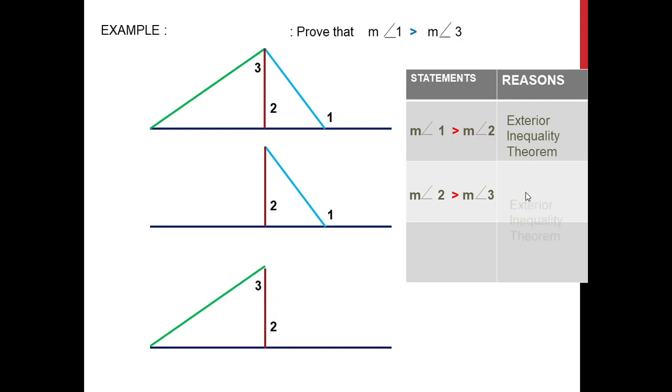And the reason is, again, the exterior angle inequality theorem. Now, based on these two statements, we can conclude that angle 1 is greater than angle 3, and it's based on the property of inequality.